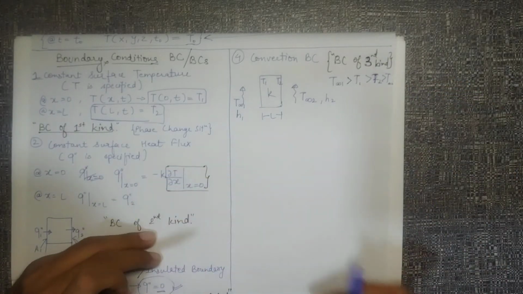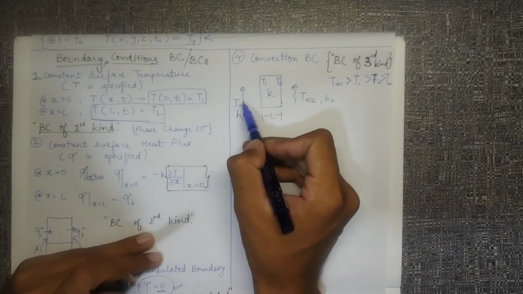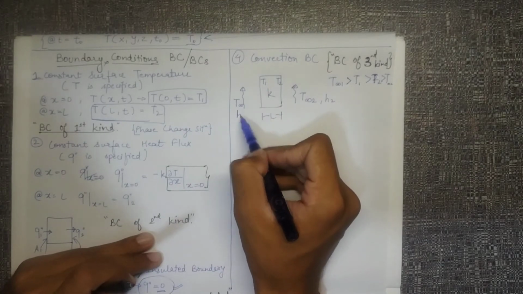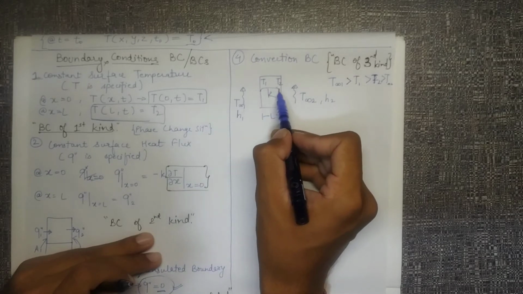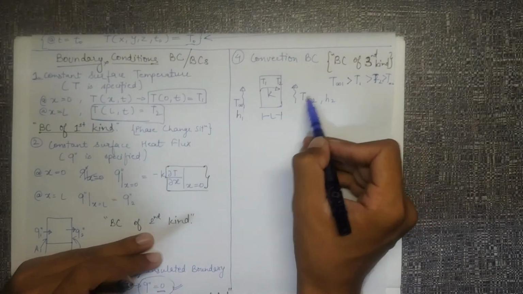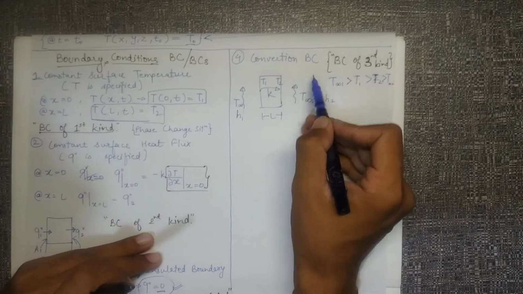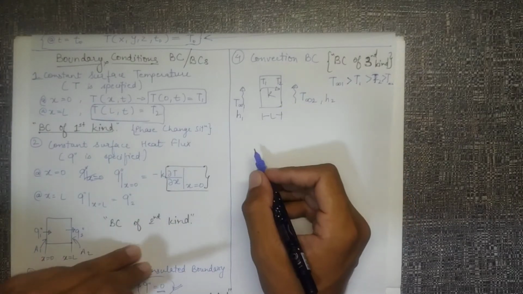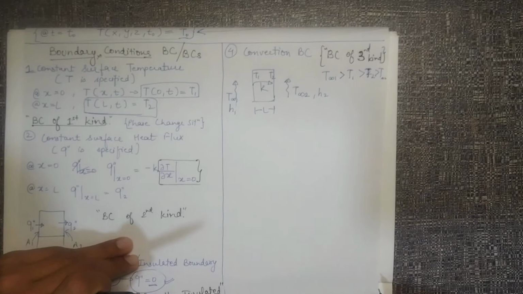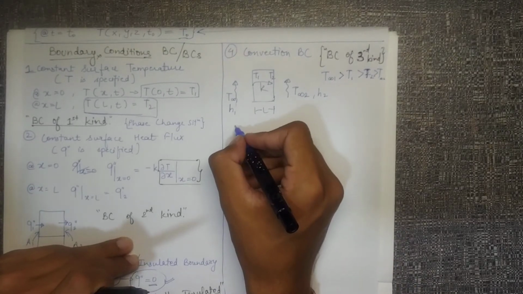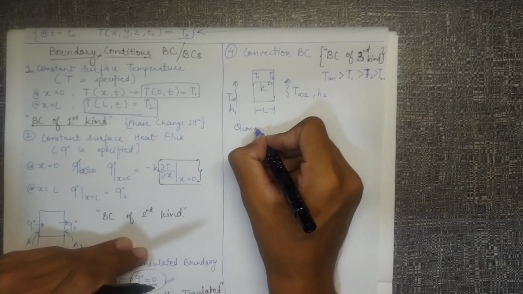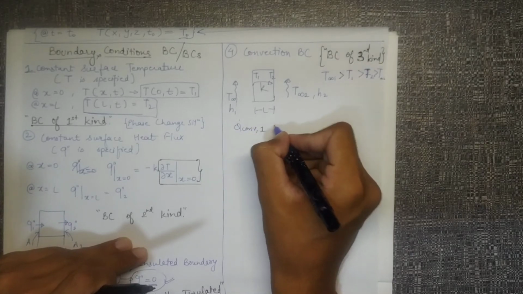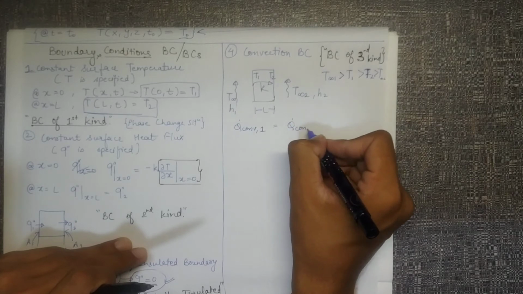Okay, so in this case my surface at T1 will absorb some heat from the first fluid, then from T1 some heat will pass on to the right side, then the second fluid will take away some heat from this surface. So in this case, whatever Q dot convection is happening from the first fluid is equal to Q dot convection to the second fluid.